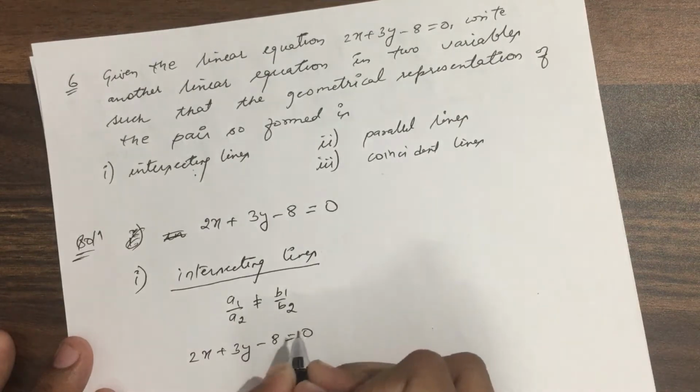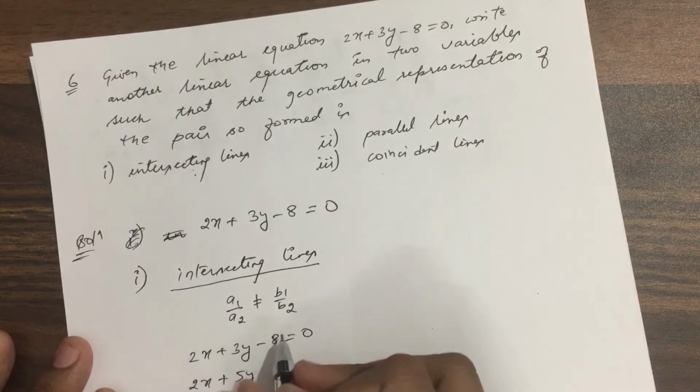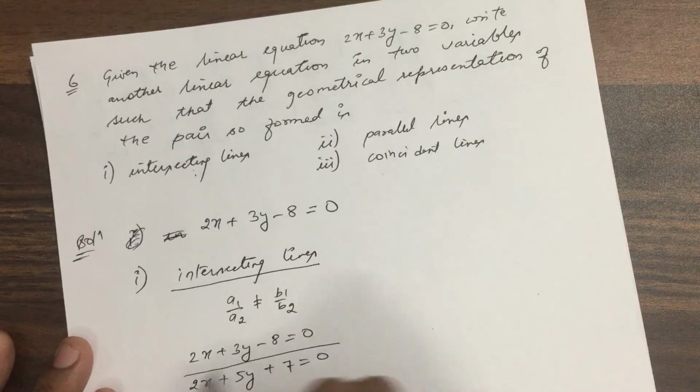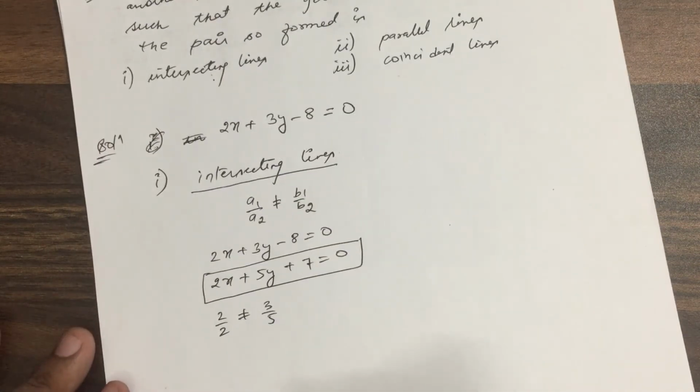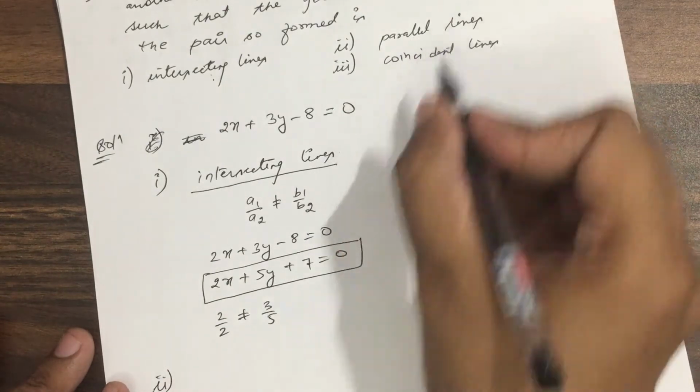First one is given to you. Second one we can write as 2x plus 5y plus 7 equal to 0. Okay. This will be your required equation. Here we can see that a1 upon a2 is not equal to b1 upon b2. So this is your required solution. In the second case, you have to write an equation such that they both will form parallel lines.